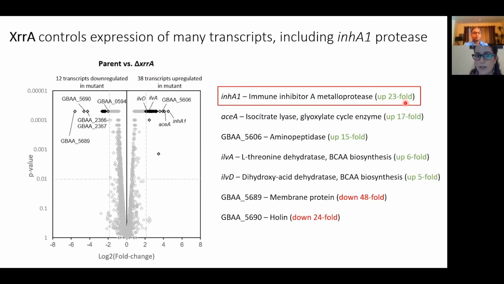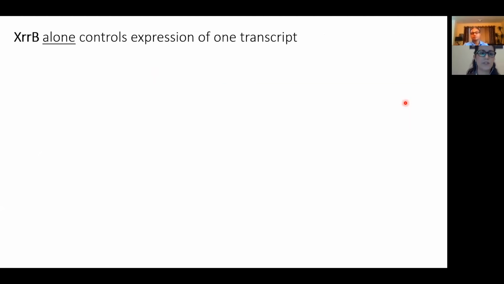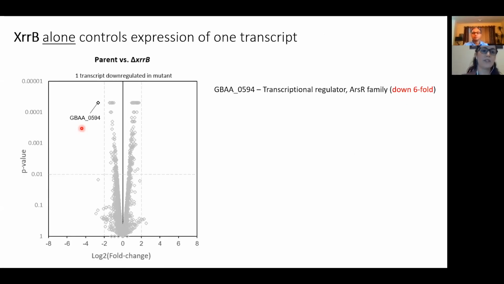expression of INHA1. Of course, I also compared the transcriptome of a SIR-B null to that of the parent strain. Interestingly, SIR-B had a minor effect on the transcriptome of Bacillus anthracis, where SIR-B alone appeared to regulate expression of only one target, which was a putative transcriptional regulator.